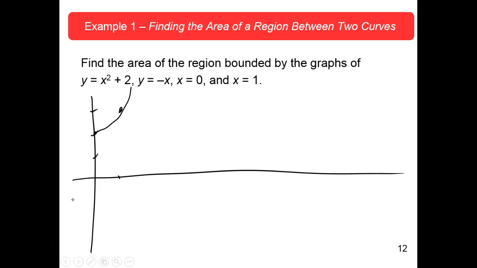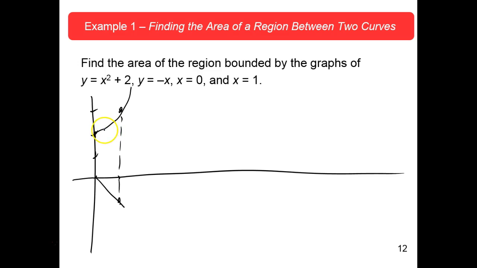Here's the second function. y is equal to negative x. So it starts at 0 and goes to negative 1. So we're doing the area in between these values, the area bounded by the graphs between those two graphs, y equals x squared plus 2 and y equals negative x.